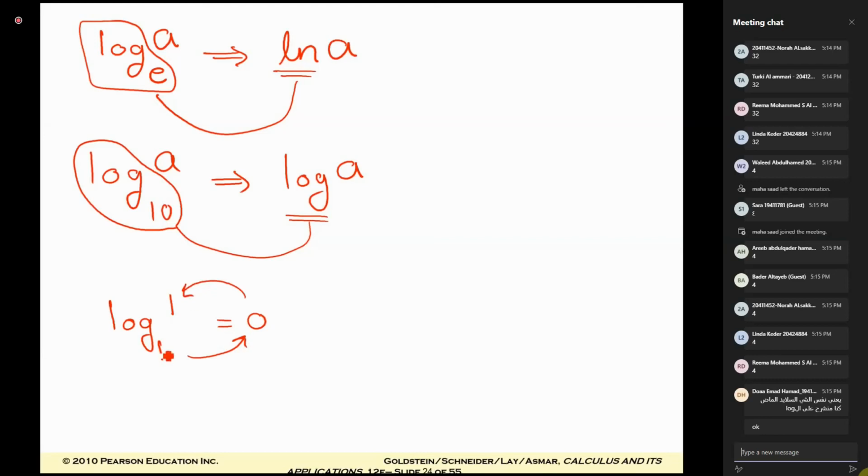So if we replace this b with e, we have ln 1. ln 1 means logarithm to base e. So this equals 0, because e to the power 0 equals 1.